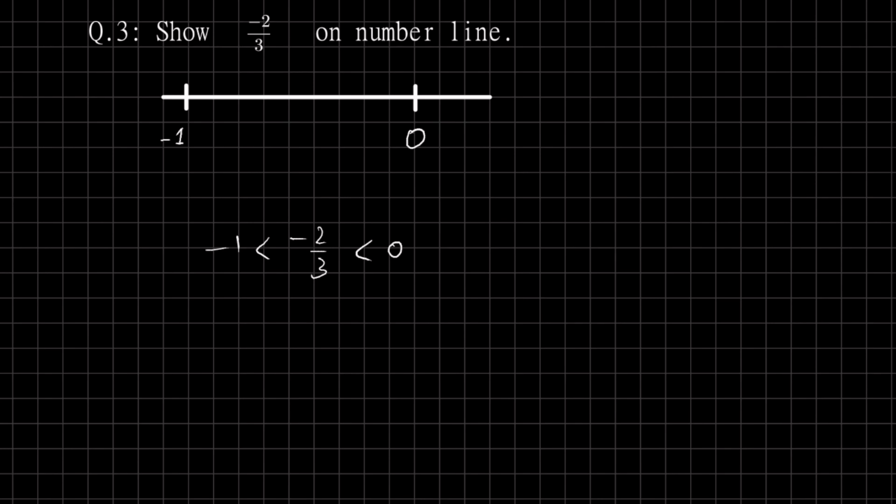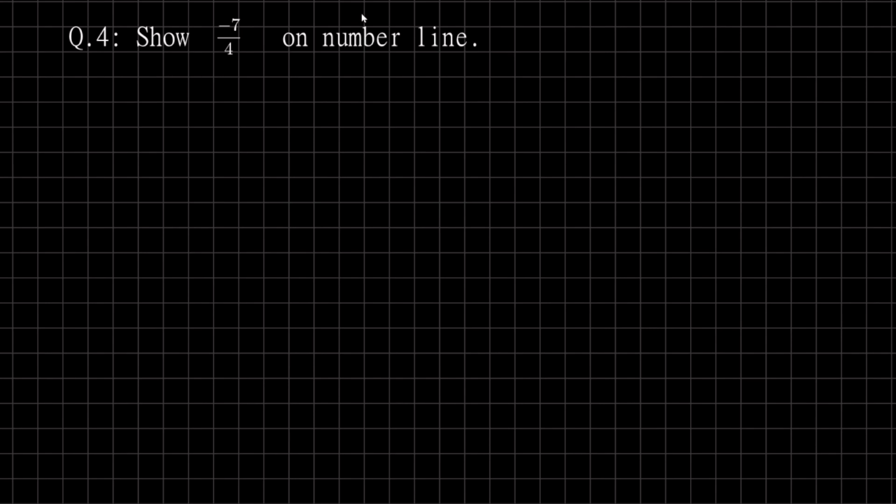Look at its denominator. It is 3. So we divide the distance between 0 and negative 1 into 3 equal parts. For that, we mark 2 points. Now look at its numerator. It is 2. So we count 2 steps leftward from 0. 1 and 2. So this point is representing our number negative 2 over 3.